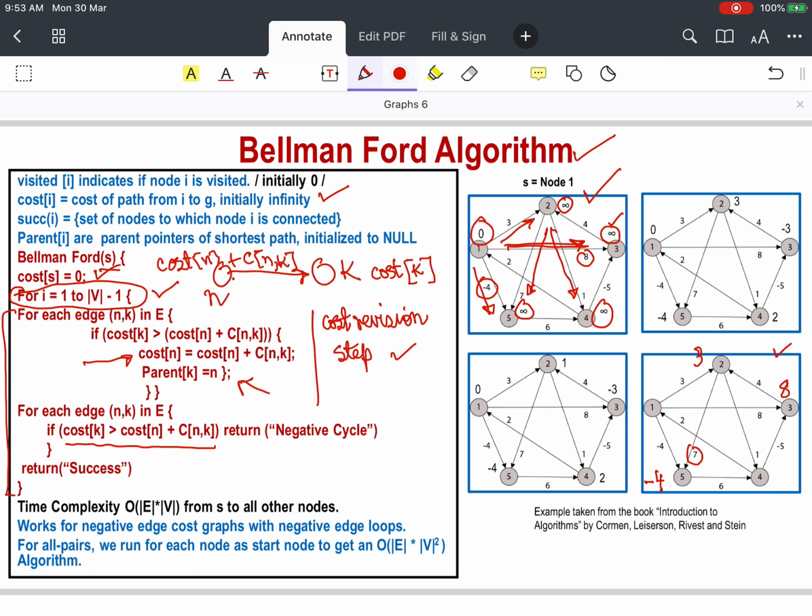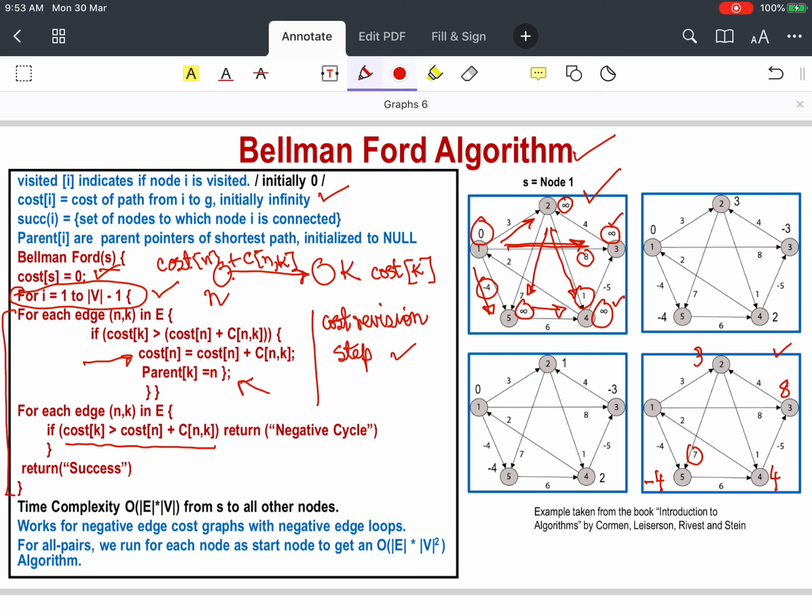For this edge, this cost is infinity. This cost has become 3. Node 2 cost is 3, node 4 cost is infinity, and the edge cost from 2 to 4 is 1. So 3 plus 1, this cost will become 4.